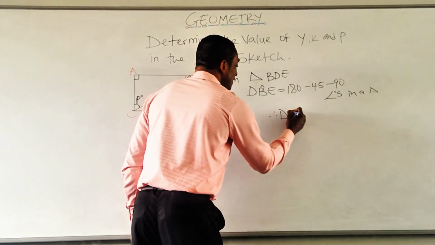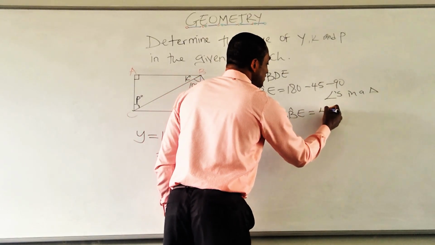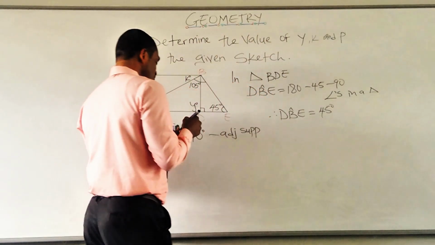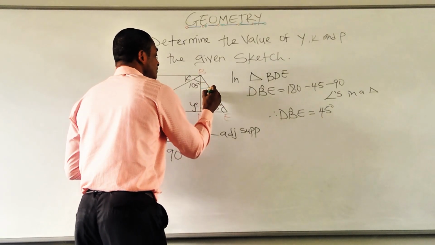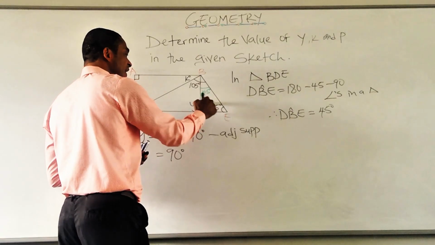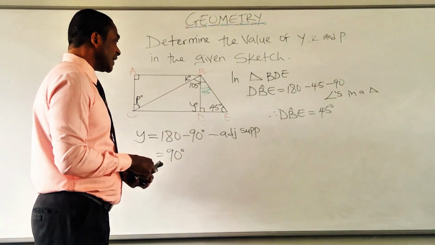Therefore, our DBE is equal to 45 degrees. So this small portion is 45 degrees, because the angles in this triangle add up to 180.